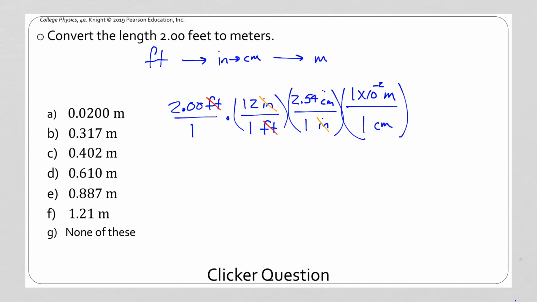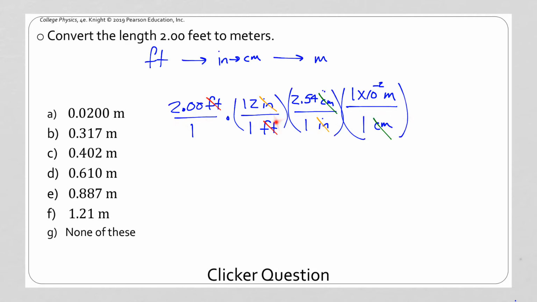I also could have put 100 centimeters is 1 meter. This would be 100th would be the value I'm adding here, or this is 10 to the negative 2, which is also 100th. Either way you want to do that is perfectly fine. It gets you to the exact same answer. In this case, I've canceled out centimeters, and I have my final value in meters.